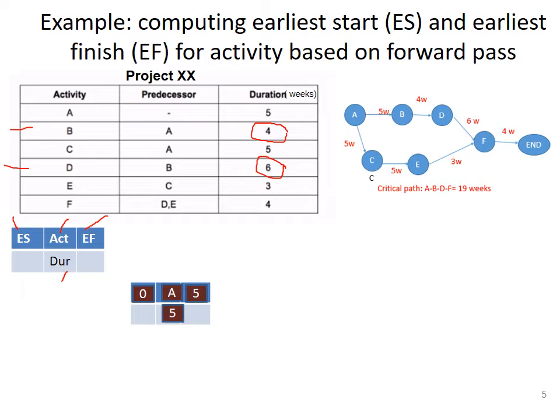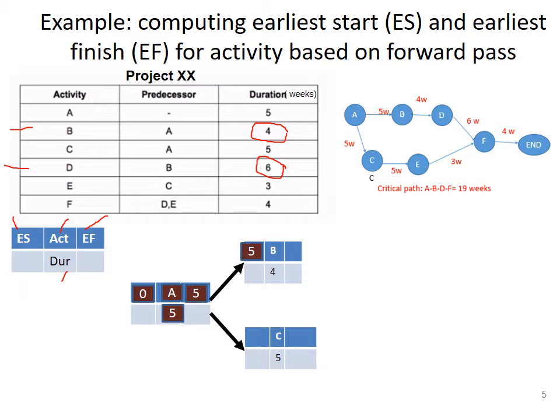5. After A ialah aktiviti B dan C, berdasarkan table kan, sebab predecessor untuk aktiviti B dan C ialah A. Okay, so B duration ialah 4 minggu berdasarkan table dan C duration ialah 5 minggu berdasarkan table. So earliest start time for B would be week 5 sebab A akan complete pada minggu ke-5.